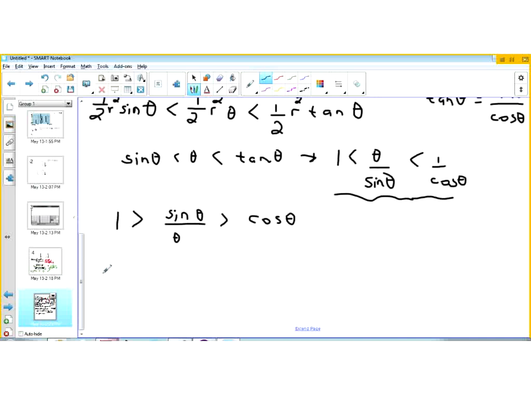Okay, so now what happens? All right, what do I do next? Well, the next thing I'm going to do is take the limit as theta approaches 0 of the entire inequality.